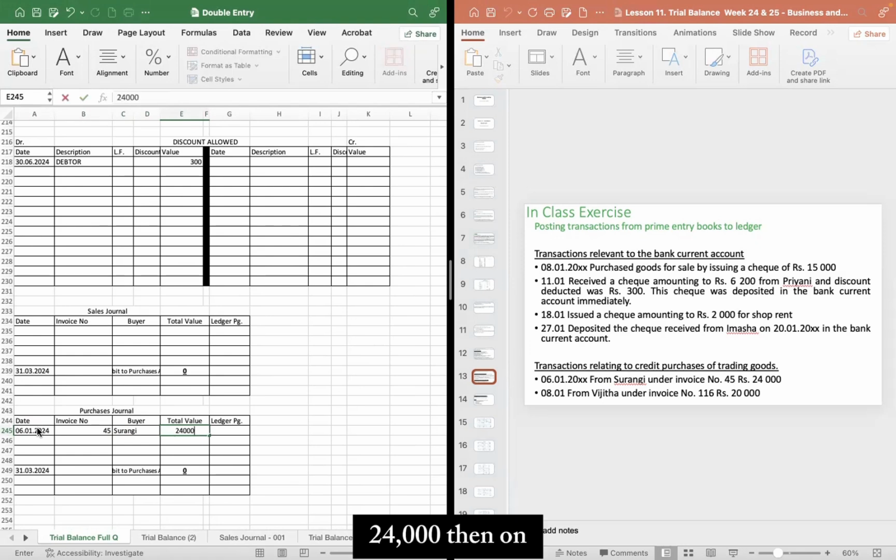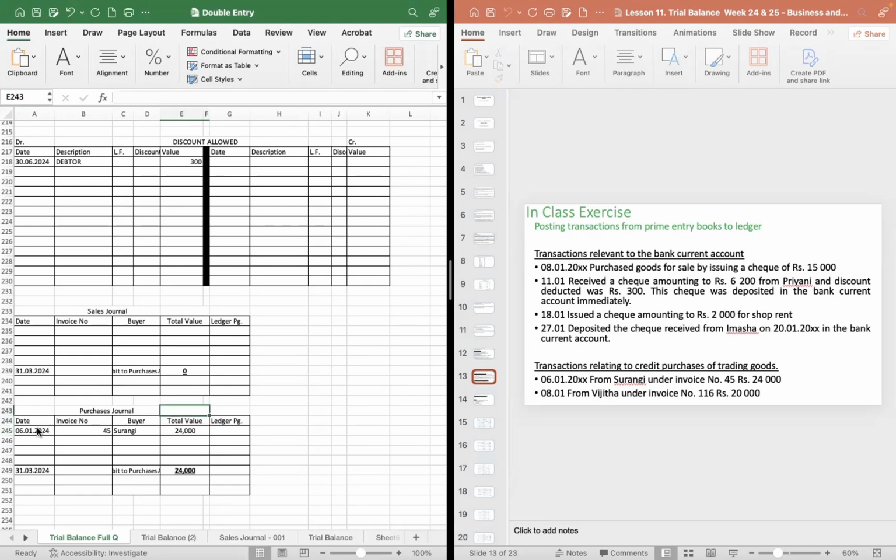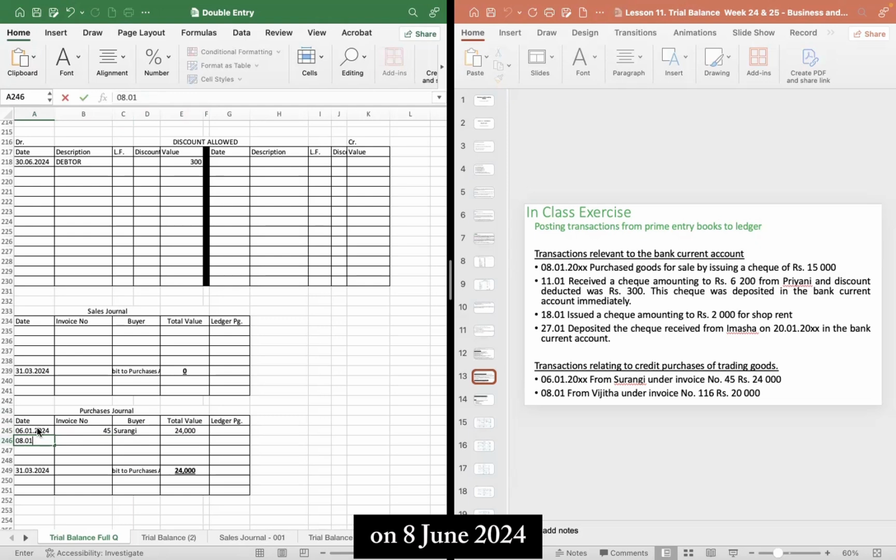Then on 8th Jan 2024, on invoice number 116 from Vijita, I bought 20,000.